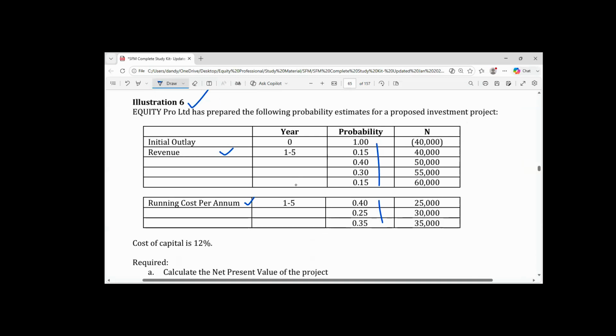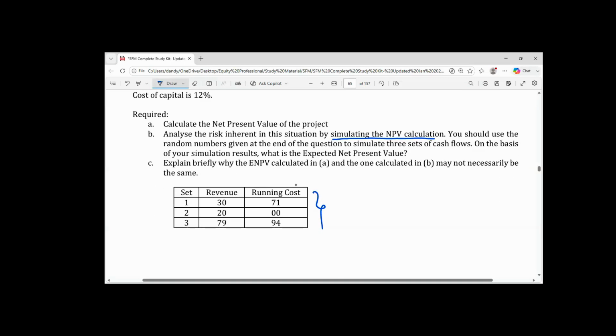Number B, you have to calculate expected NPV using simulation method. Then number C, examiner is now asking you to explain briefly why the expected NPV using expected value method in A is different from the expected NPV calculated in B using simulation. All right, so that is the question.